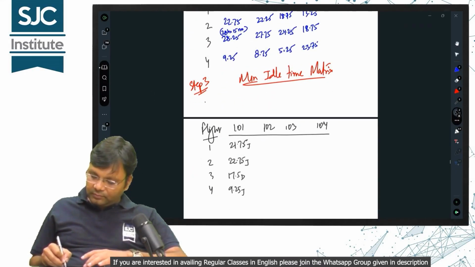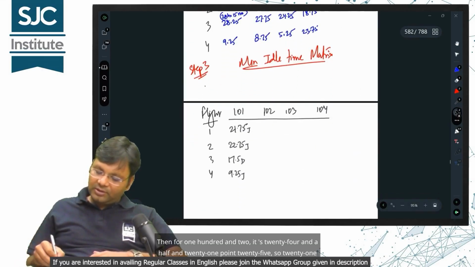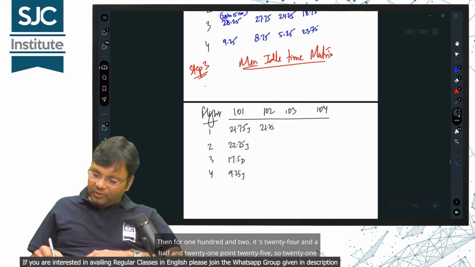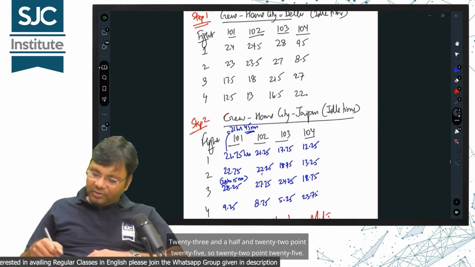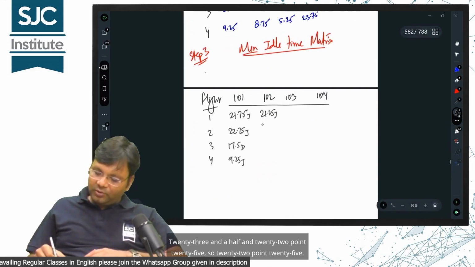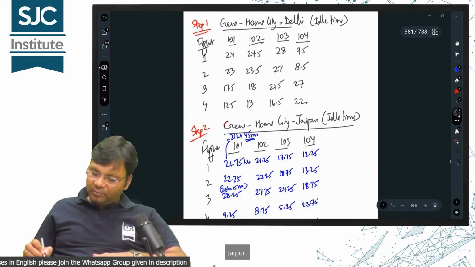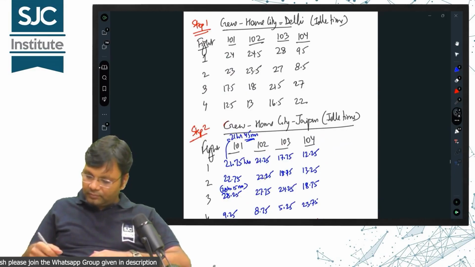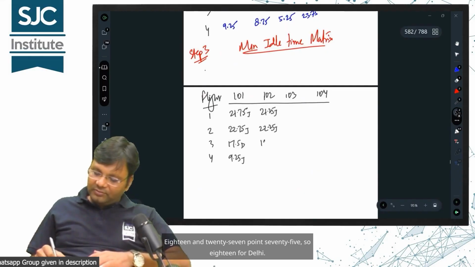Jaipur. Then for 102, it's 24.5 and 21.25, so 21.25. Jaipur. 23.5 and 22.25, so 22.25. Jaipur. 18 and 27.75, so 18 for Delhi.